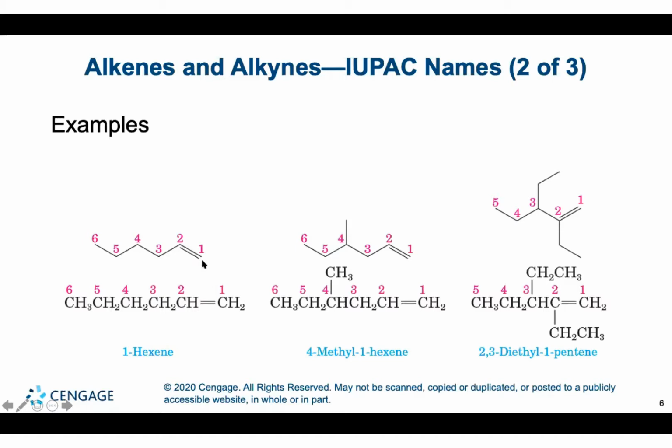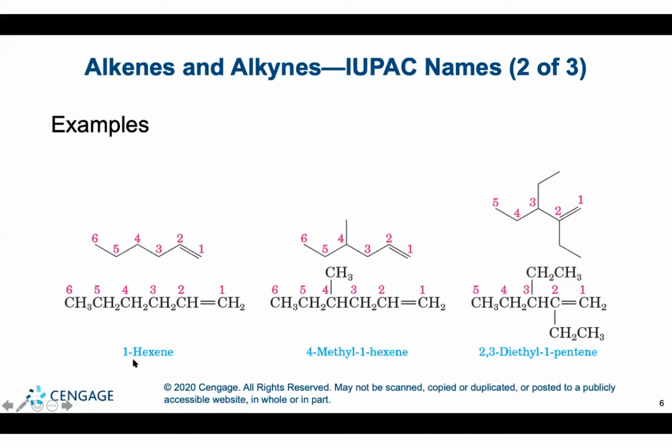Why? Because I reach the double bond sooner. So I start from the right side. Then I have 6 carbons: 1, 2, 3, 4, 5, 6.